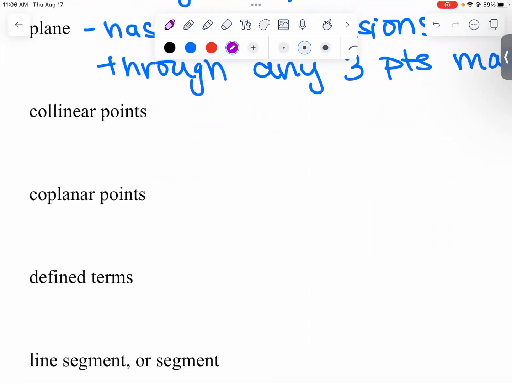A little bit. Maybe turn to your elbow partner and see if you can come up with what that means. What does it mean to be collinear points? Talk to your neighbor real quick.